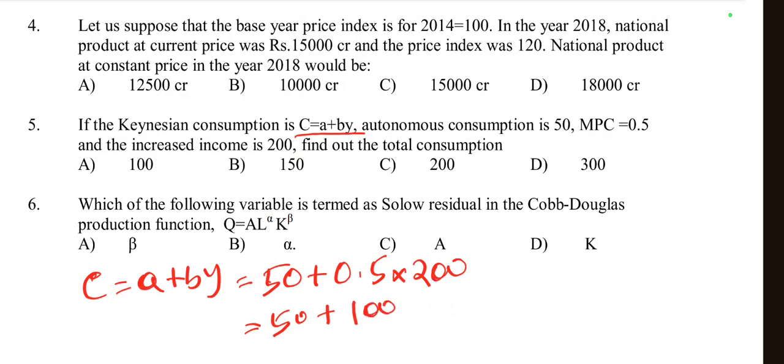So 50 plus 100 is equal to 150. Very simple. So the right option is option B, 150. C is equal to A plus BY. We just have to put the values and then we get the answer. A means autonomous consumption and B means MPC.